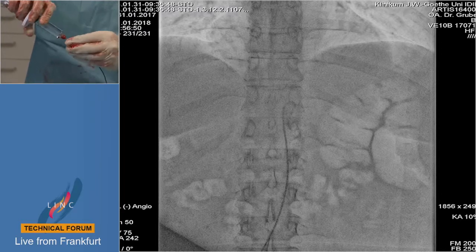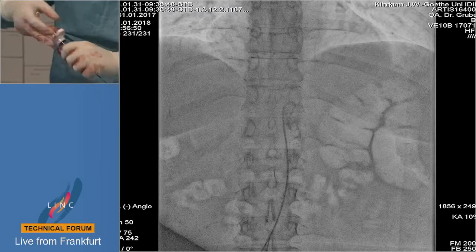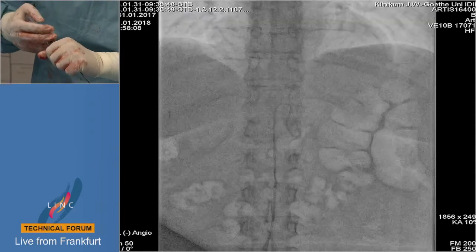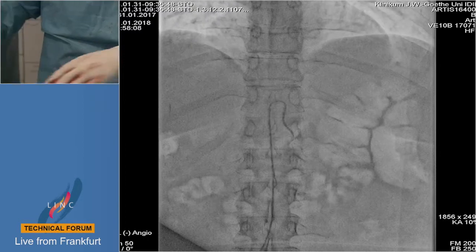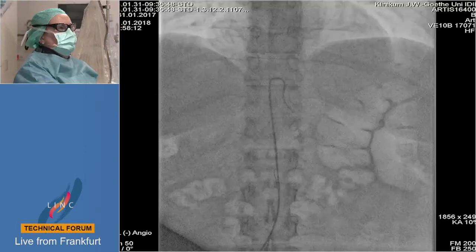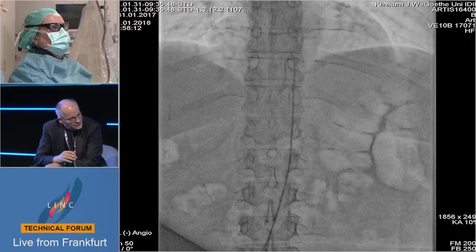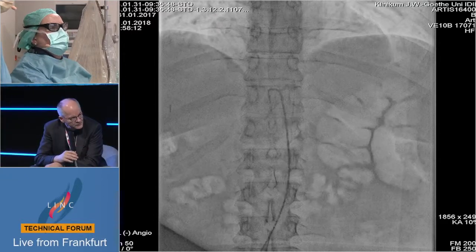We embolized with mitomycin C mixed with lipiodol, and as a temporary embolic agent we used Embocept S. That's our protocol for those patients with advanced liver cirrhosis.